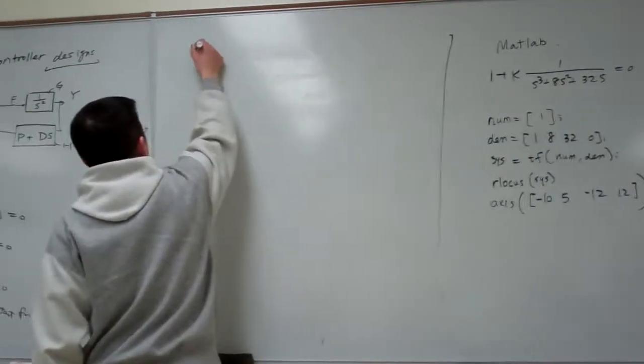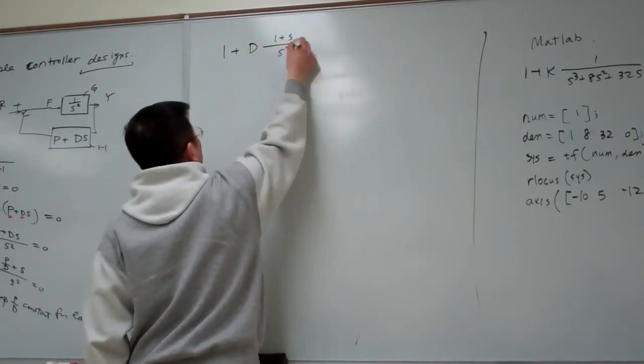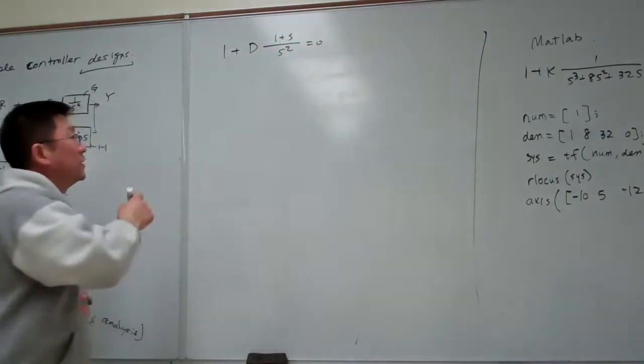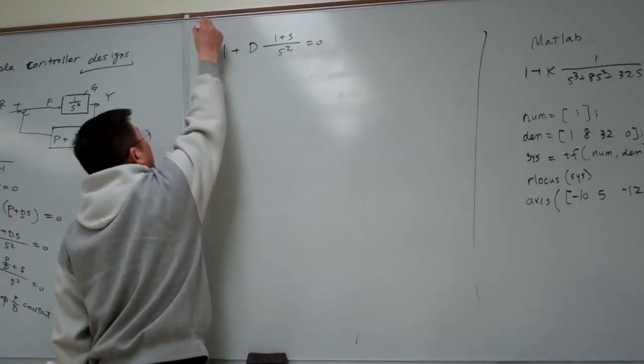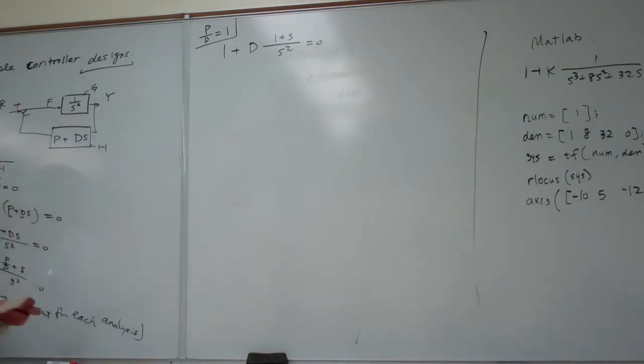For example, the first try is simply d times (1 plus s) over s squared equal to 0. For this case, when p over d equals 1, that is the scenario we study.